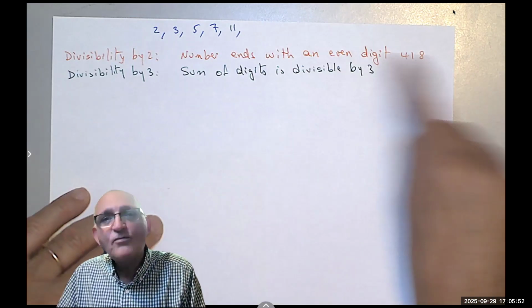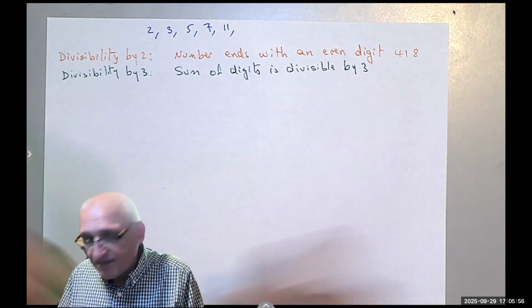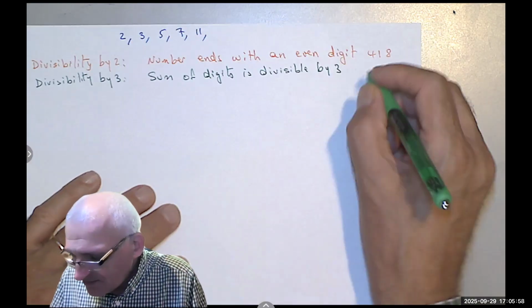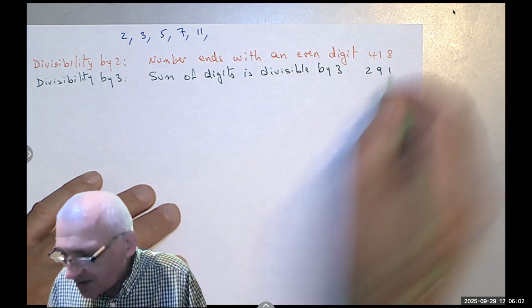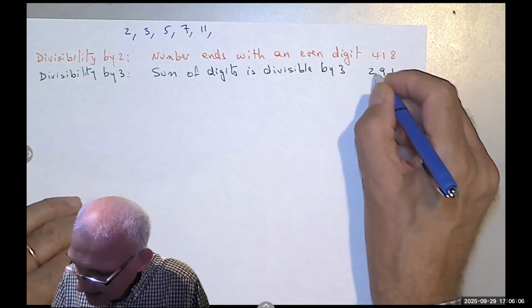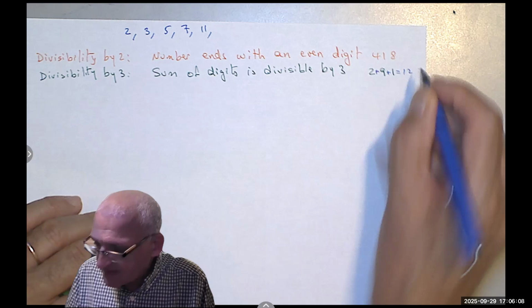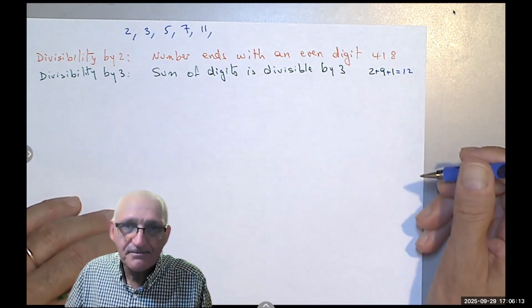Divisibility by 3, same thing. You can have, for example, 291. When I add the digits, I get 12. And since the 12 is divisible by 3, then 291 is divisible by 3.